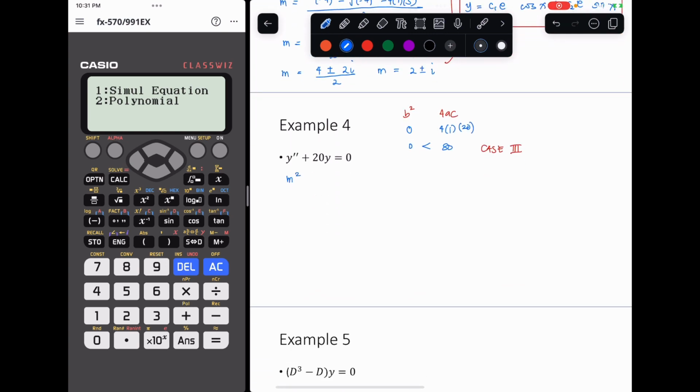So m squared plus 20 is equal to 0. And then m squared would be equal to negative 20. So m would be plus and minus the square root of negative 20. Negative 20 is the same as 4 times negative 5.